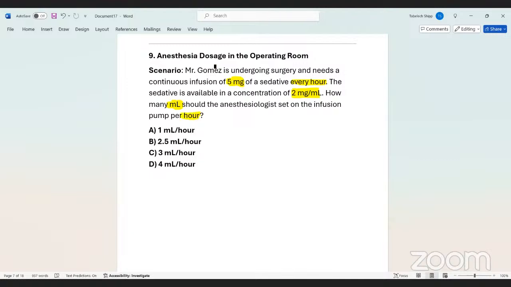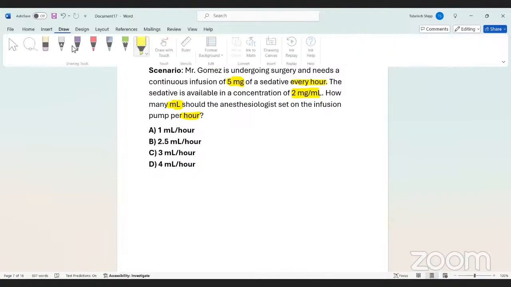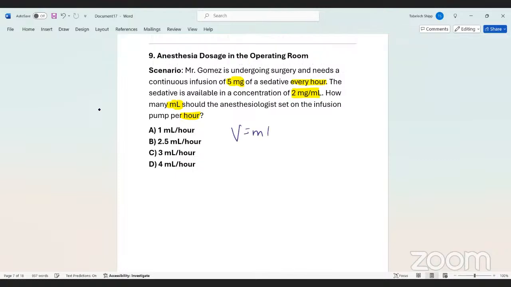Okay, so there's a lot going on in that problem, but you don't need to overthink it. So what do you have to do for this particular problem? Because you're trying to get the volume, your volume has to be in milliliters.